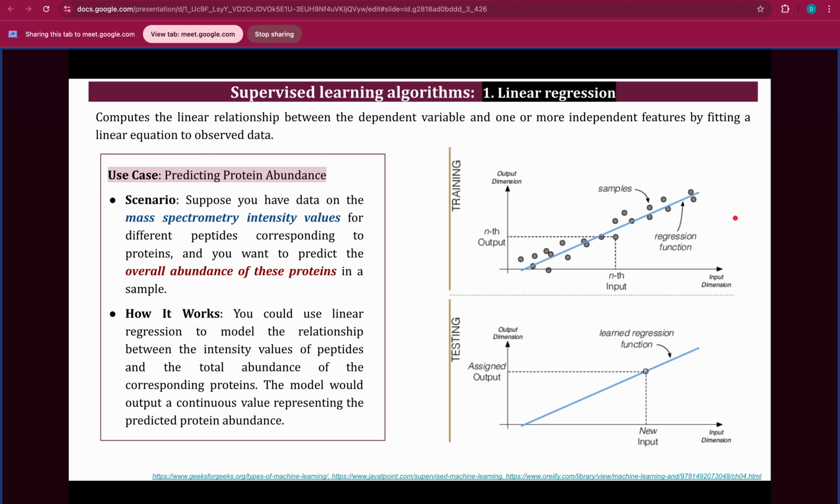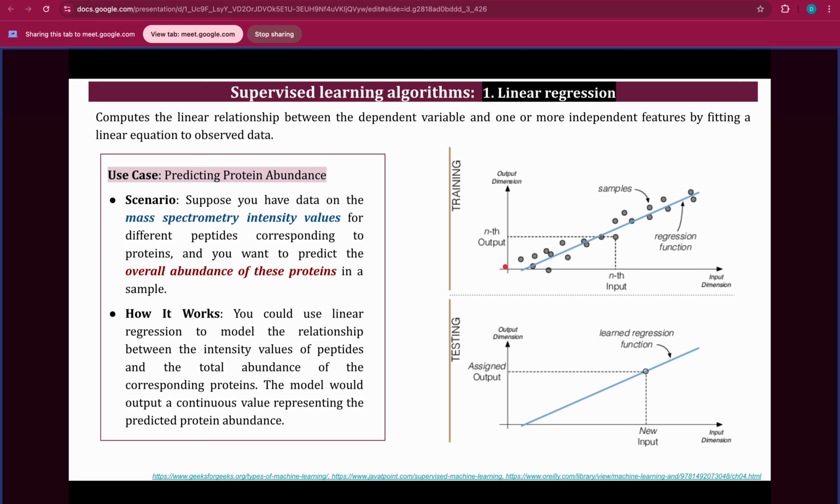My outliers will affect my line because in the end there is an equation: y equals mx plus c, where m is the slope, x is my independent variable and c is my intercept. By looking at that equation we believe that there is a linear relationship, so outliers will influence this equation. This line will be shifted, so it won't be able to predict exactly what my output will be.